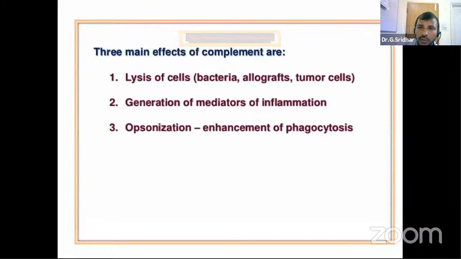Then there are three main effects of complement activation. When the complement proteins are activated, first, lysis of the cells, because sometimes the antibody will go and bind to the different types of molecules present on the membrane of the bacteria.